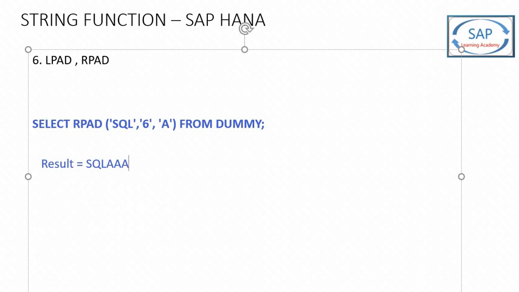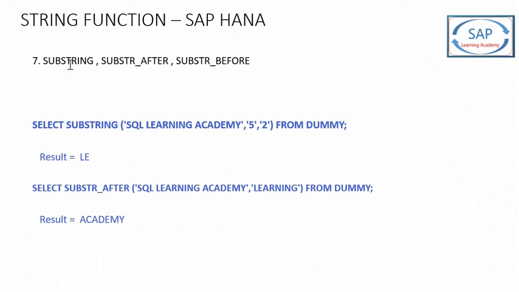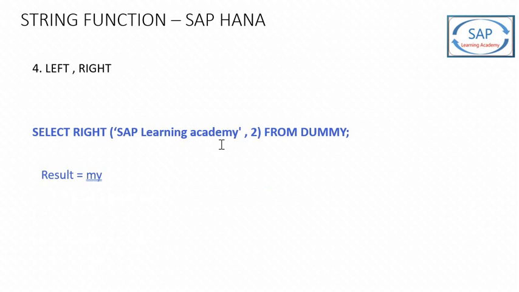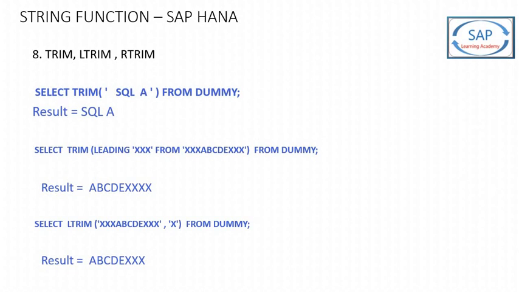Now we'll be moving on to the substring functions. There are substring, substr after, and substr before. Substring is kind of an addition to the left and right we have just learned. Those take two data sets, but here we have three.